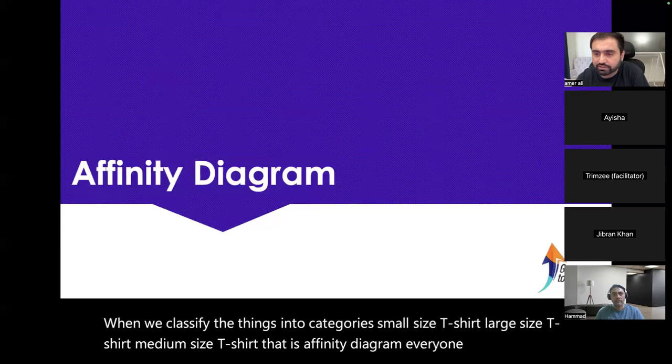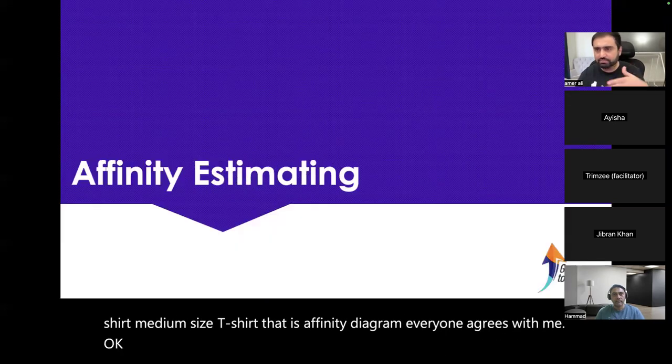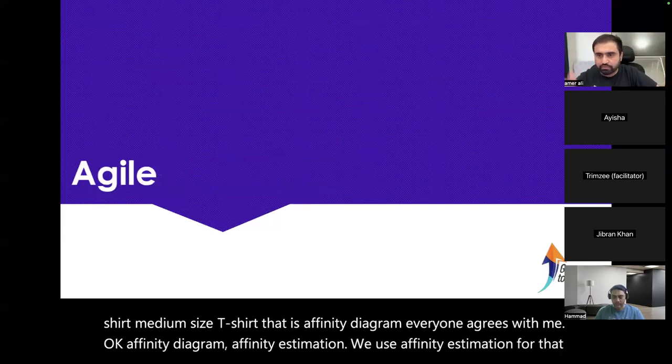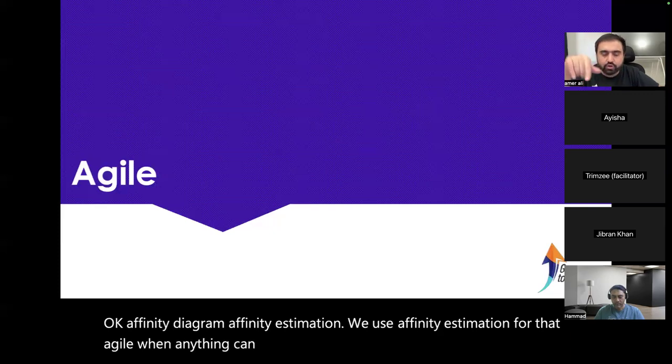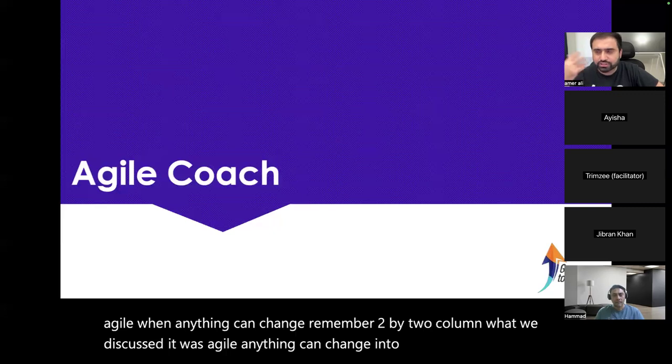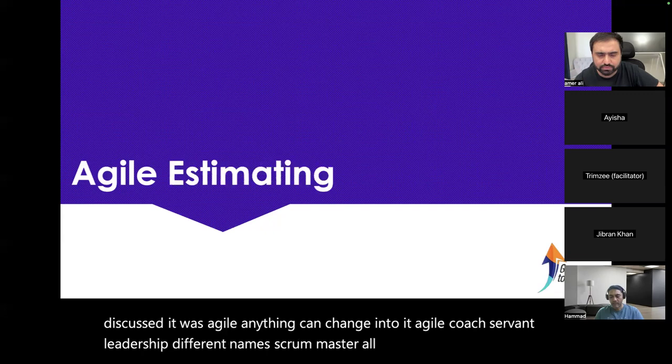Everyone agrees with me? We use affinity estimation for that. Agile is when anything can change; we remember the 2 by 2 column we discussed. Agile coach, servant leadership, different names, scrum master, all for agile coach.